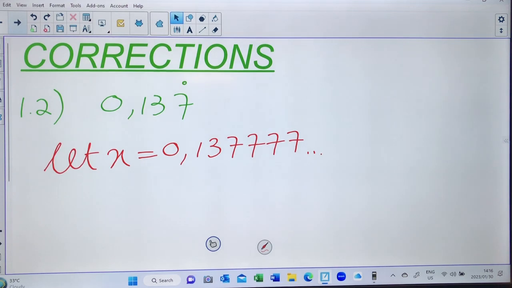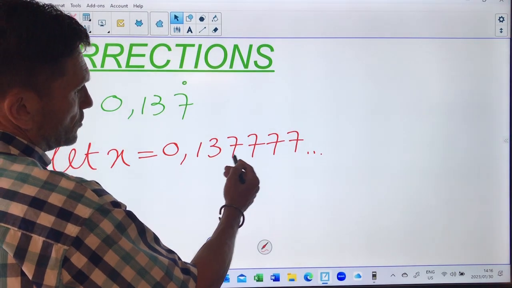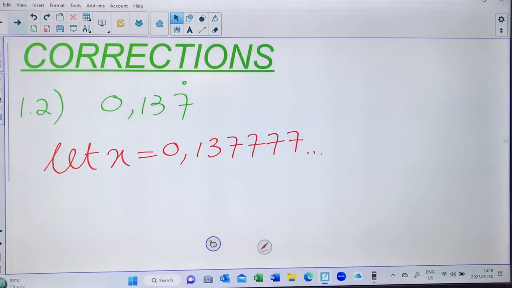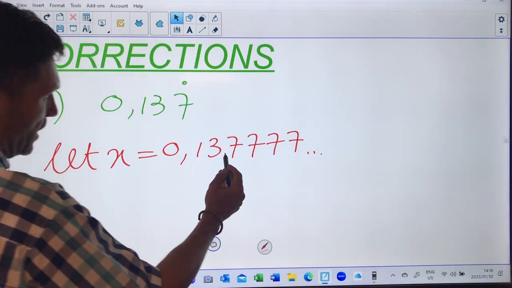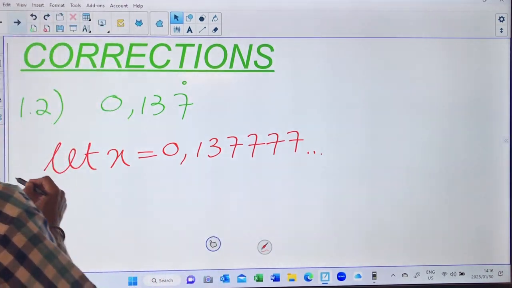Okay, so the first few of these that we have done, now I know this is confusing, but you guys tend not to check that the decimal is the same right through. So in order to get the same decimal, I need to get the sevens over there.